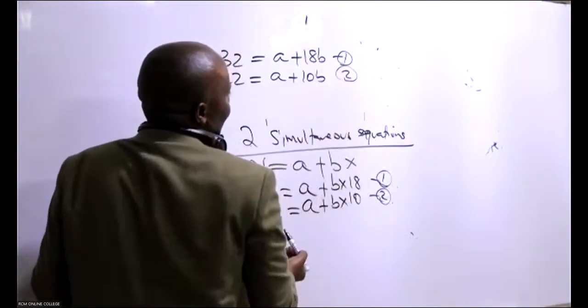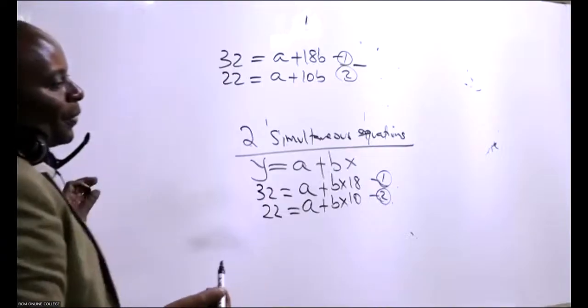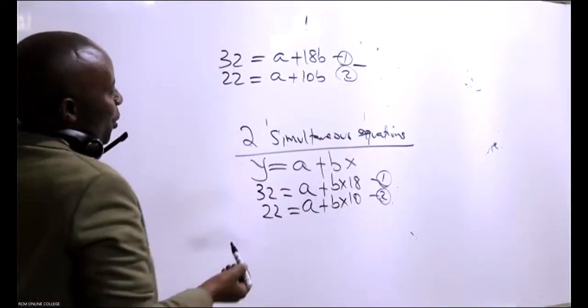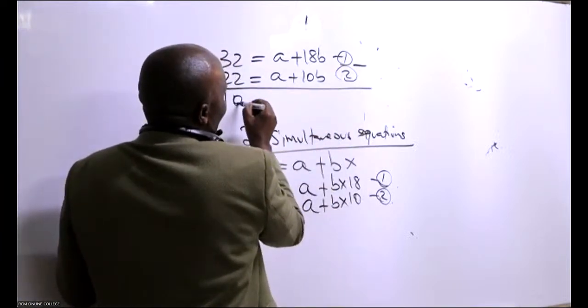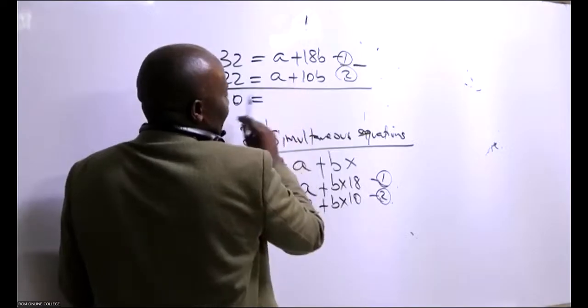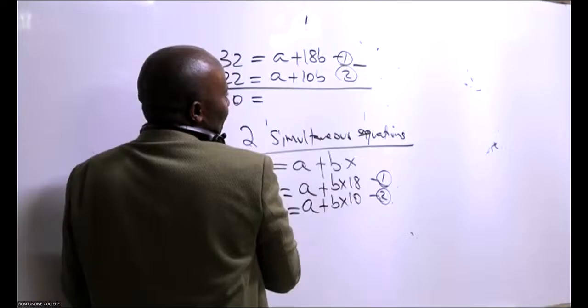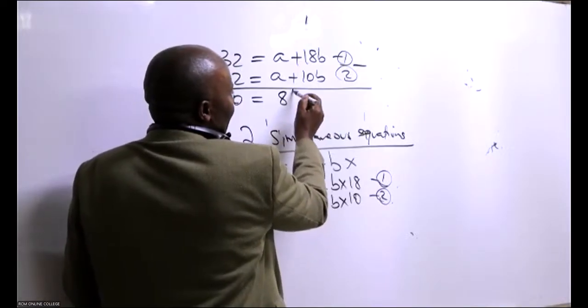Then we eliminate a through subtraction. 32 minus 22 gives 10. A minus a disappears, which was our objective, to eliminate a. 18b minus 10b gives 8b.